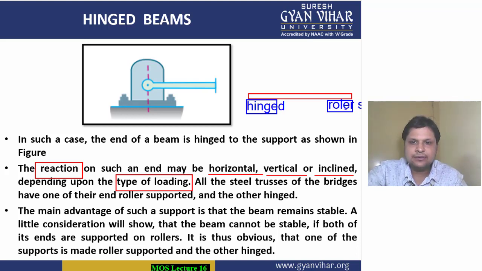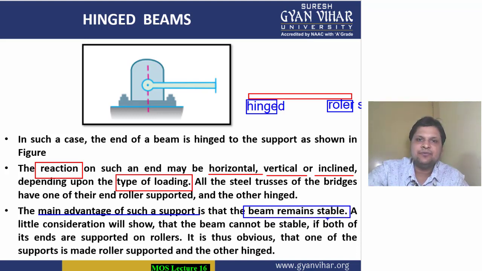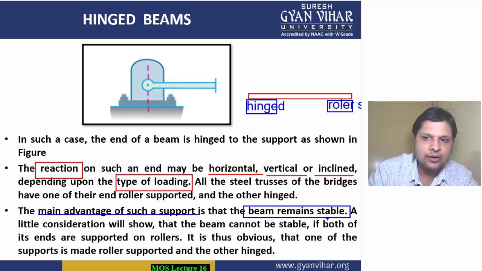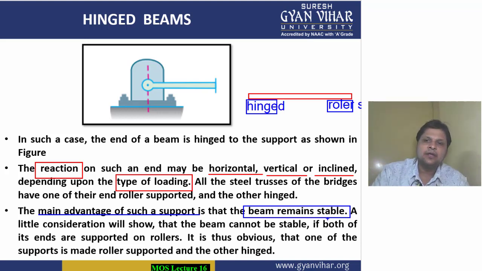Now the main advantage of hinge support is that the beam remains stable due to it. A little consideration will show that the beam cannot be stable if both of its ends are supported on rollers. If we keep both supports of the beam as roller supports, the problem will be that the beam will not be stable.